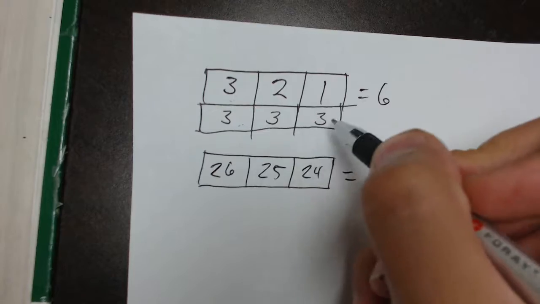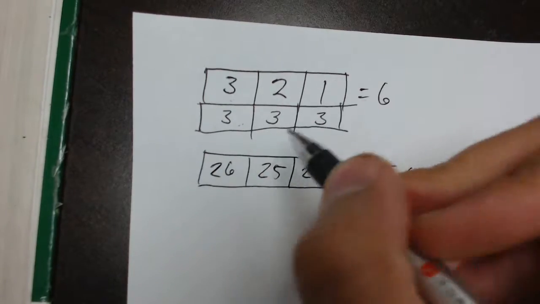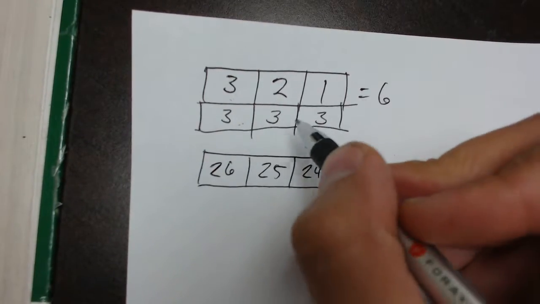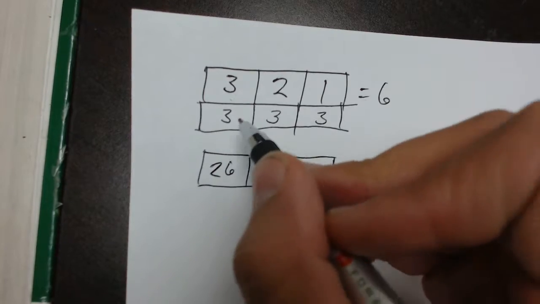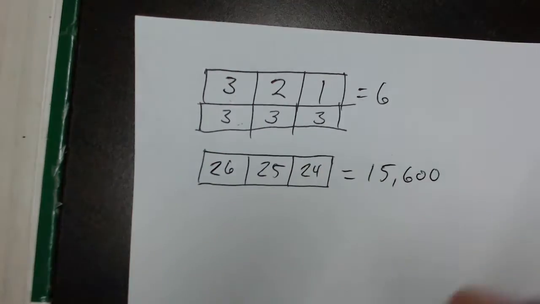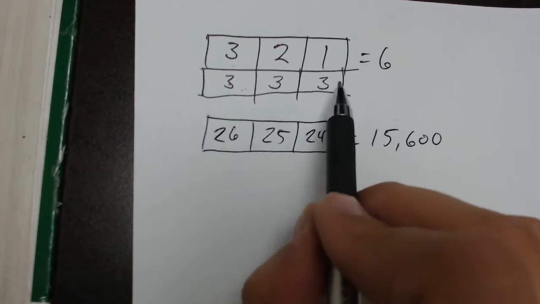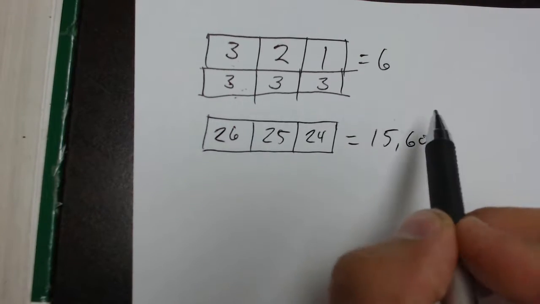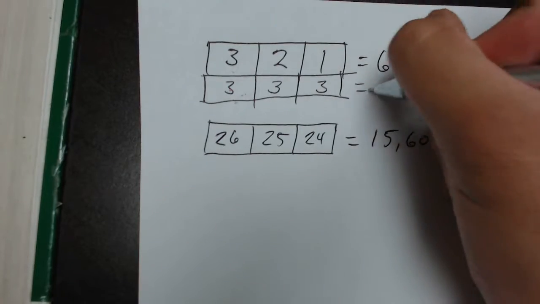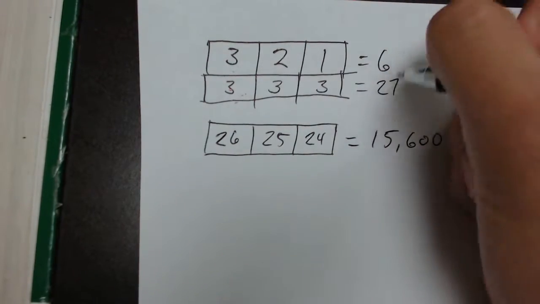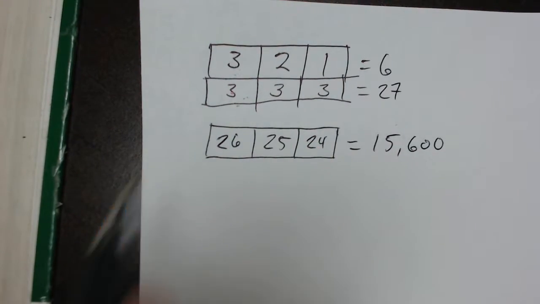I can put AAA, BBB, CCC, or I can go AAB, AAC, BBC, BBA. I can repeat. So it's the same rule. You put however many options you have in each available slot, and then you multiply. So 3 times 3 times 3 would give me 27 different ways I can write the letters A, B, and C if I allow repetition.